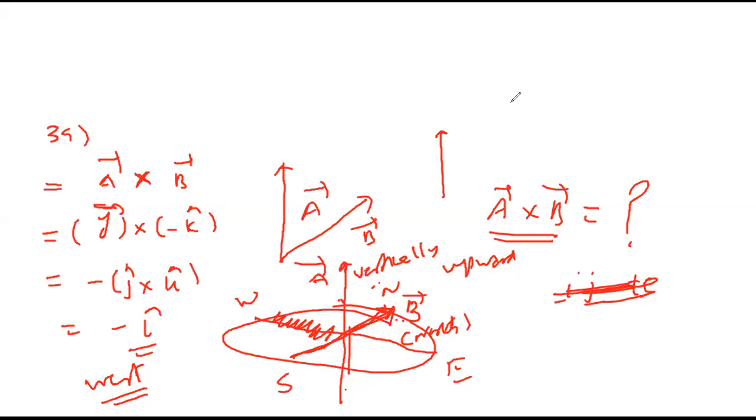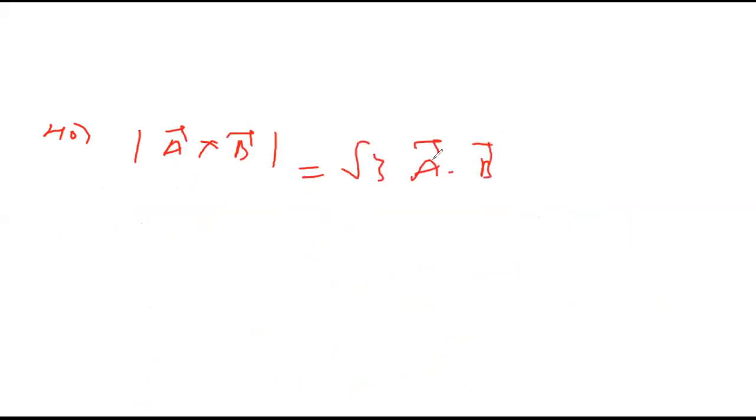Next one. If A bar cross B bar is √3 times the dot product, then what is the value of their sum? To get the sum, we require the angle between the two vectors.